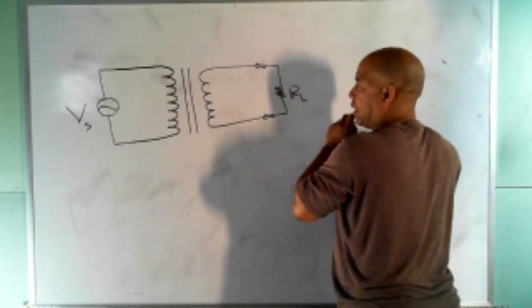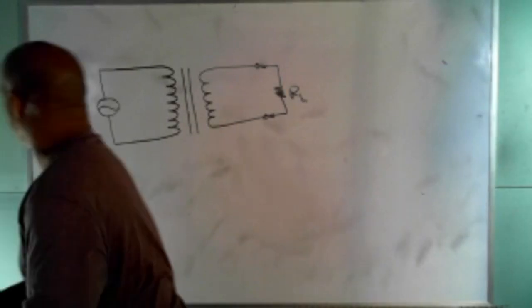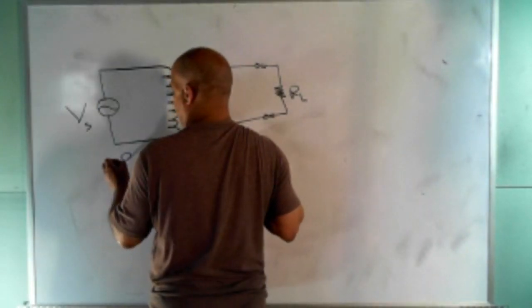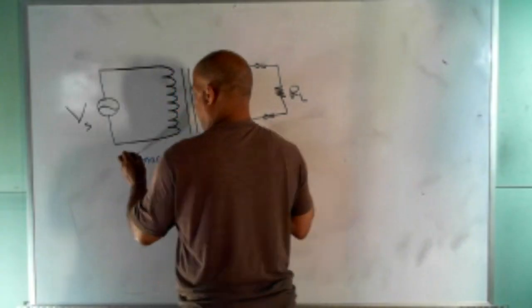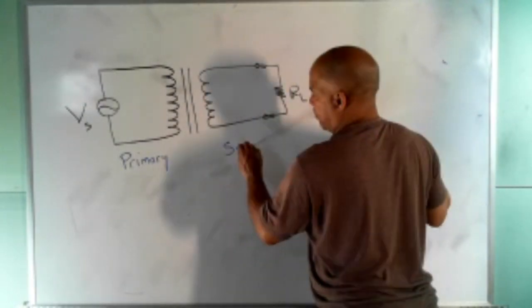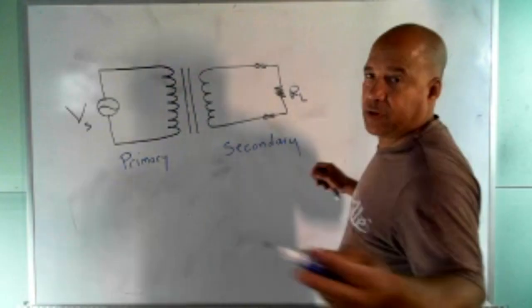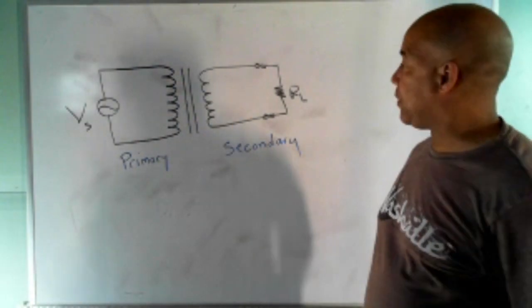There's our load. This is the primary coil, and this is the secondary coil. Or, Jacob, primary winding, secondary winding, same thing.